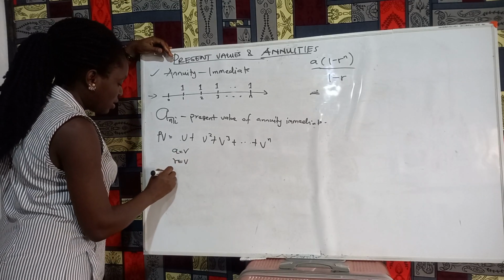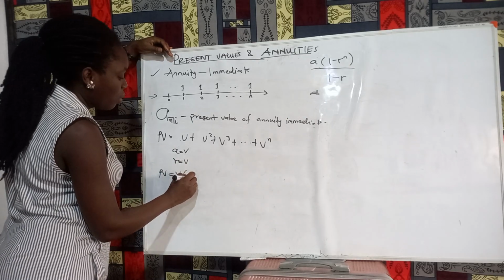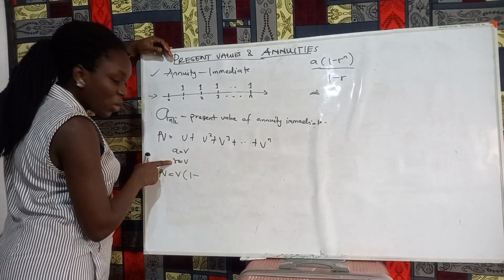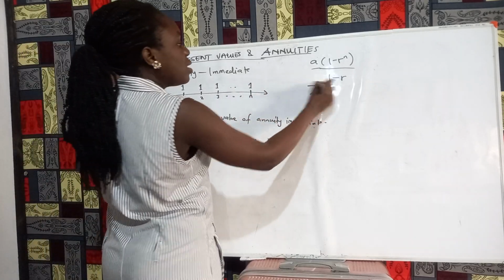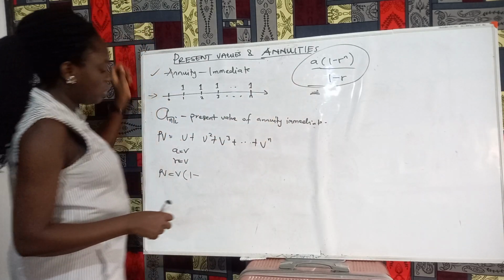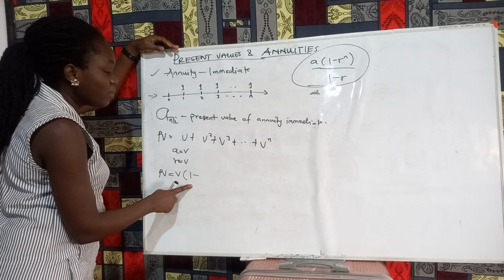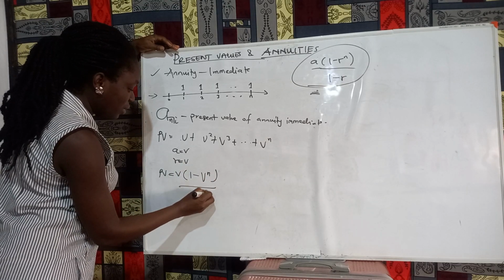So our present value is A, which is V, times 1 minus V to the power n all over 1 minus V, using the sum of geometric series formula.